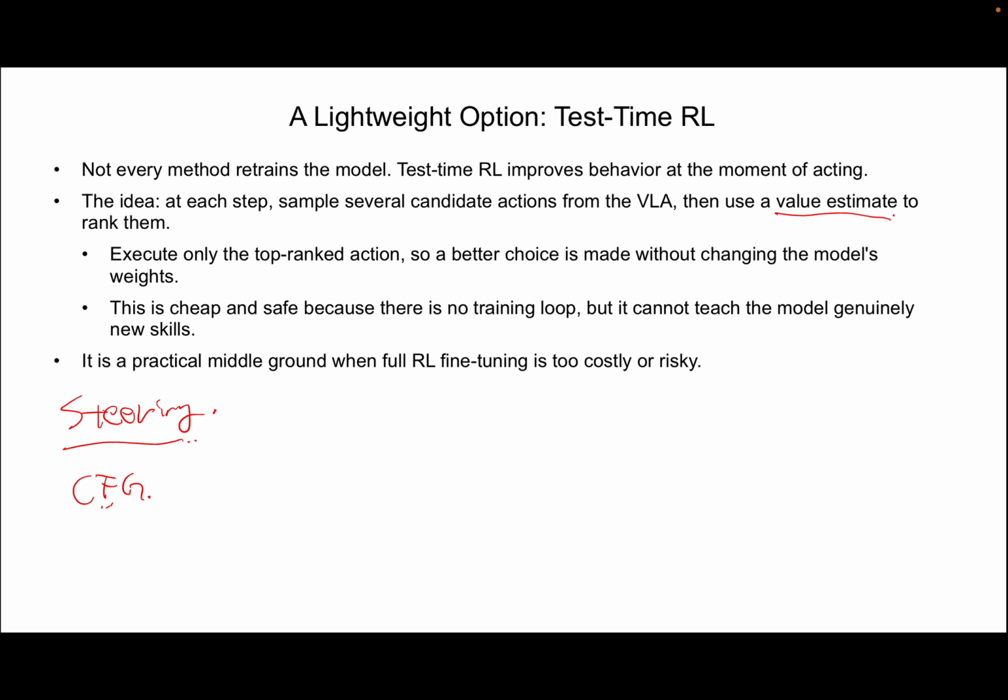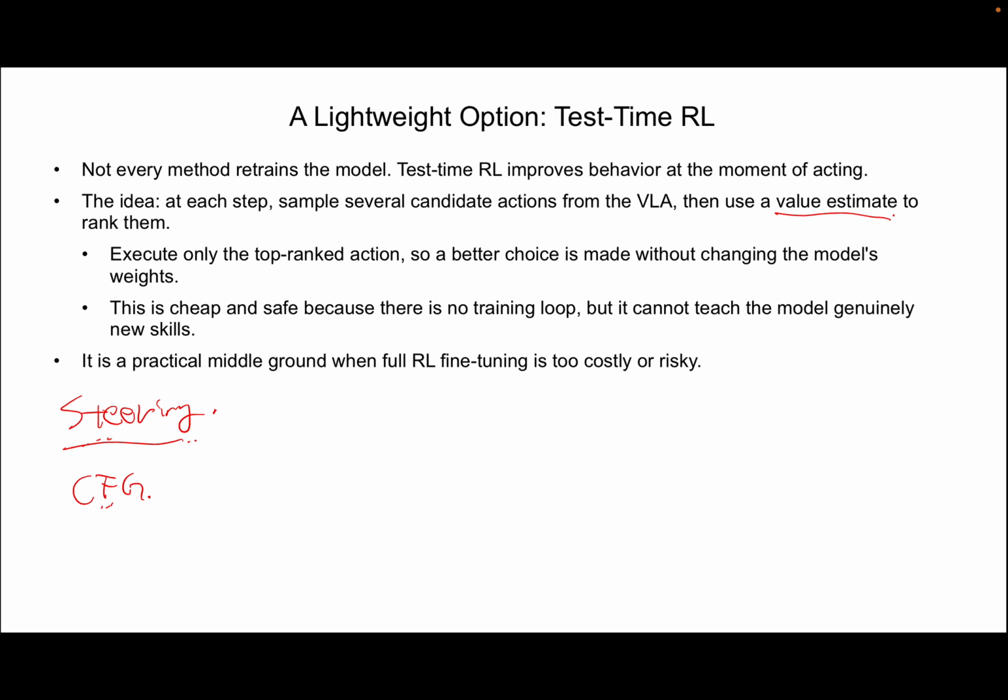Then for every iteration, we can evaluate the sampled action and state, and based on that evaluation, we can steer our sampling process to the direction with high reward. If we keep doing that during inference, during the iterative denoising of the generative diffusion model, then the final sampled action would be better than just sampling without a special technique like steering, right? That is the philosophy of test time RL and steering.